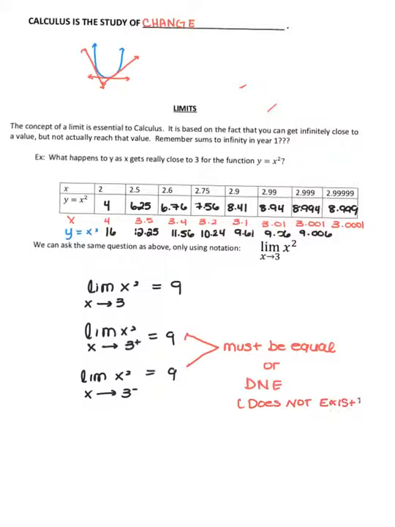Because the whole idea of a limit is what are you getting closer and closer to as you approach 3 from one side and 3 from the other side? Well, if both sides are going to different numbers, then you don't have a limit. Does that make sense? So they have to be equal. So 3 on the right is 3.01, 3.001, 3.0001, right?